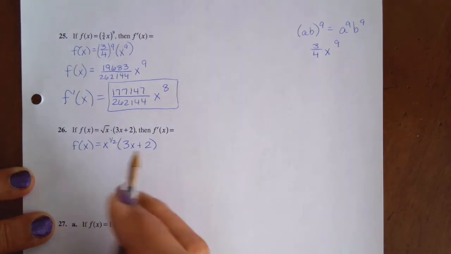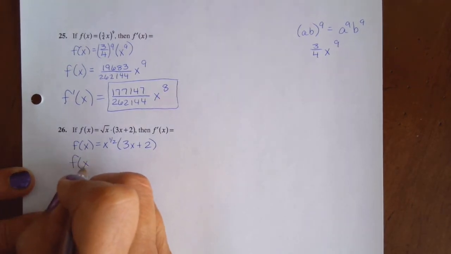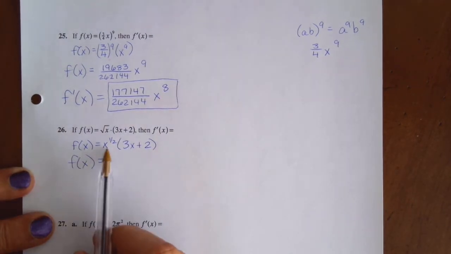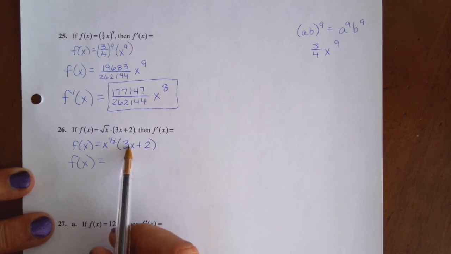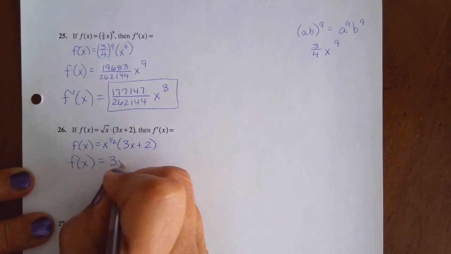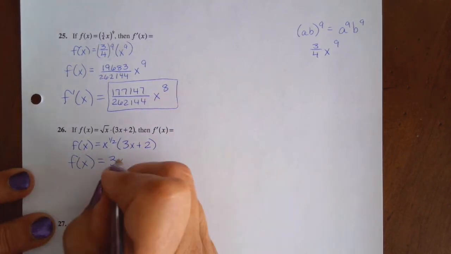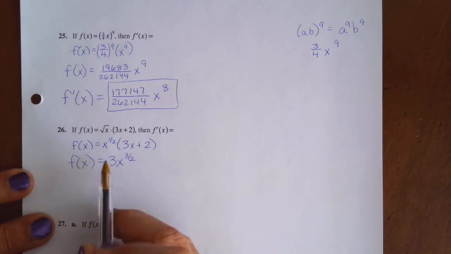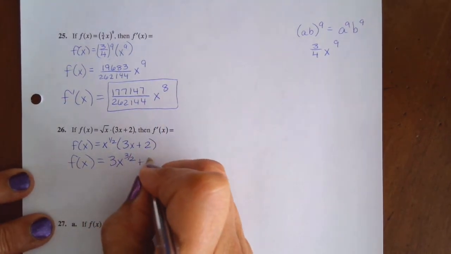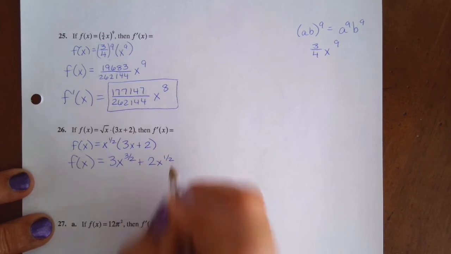Okay, now we can go ahead and multiply. And remember, when you multiply, you add exponents. So x to the 1/2 times 3x, that's 3x to the what? 1/2 plus 1 is 3/2. And then x to the 1/2 times 2 is just 2x to the 1/2.